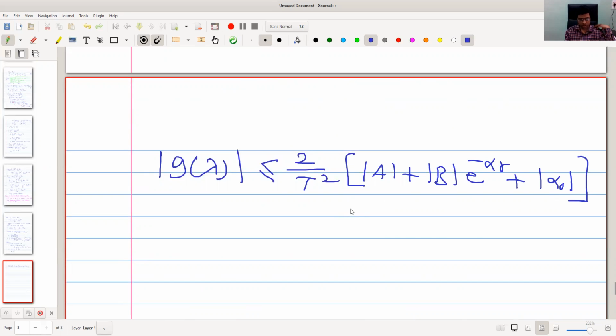Okay, so the integral along this line passing through alpha, that means the limit as t tends to infinity of 1 upon 2 pi i integral from alpha minus it to alpha plus it of mod of g of lambda, t lambda should be finite.